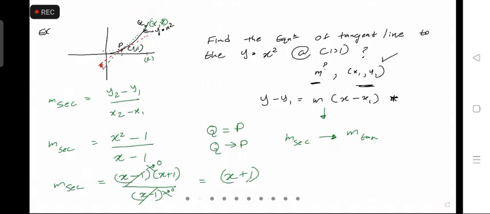How to do this? y minus y1. I will use this y minus y1. y1 means 1. For m, we can apply m secant as x plus 1. Then x minus x1. x1 means again 1. Here x, here y.